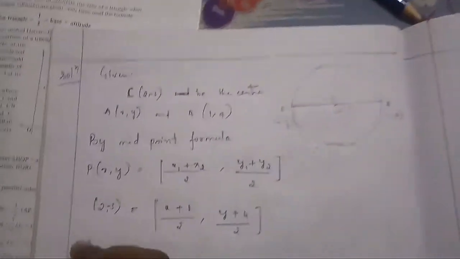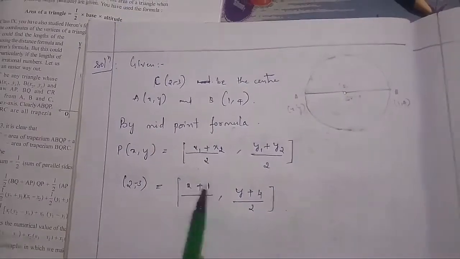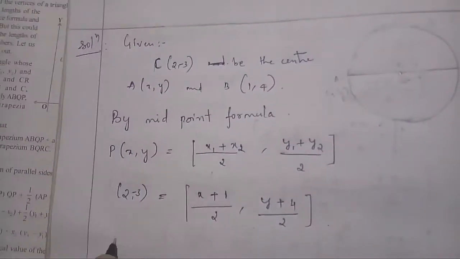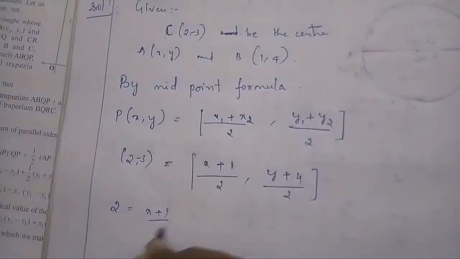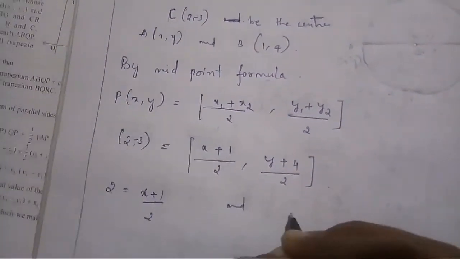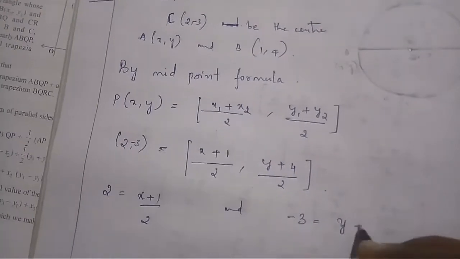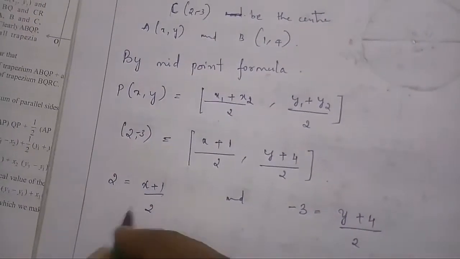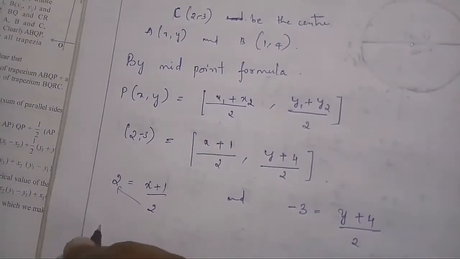That is, equate this x value to x and y value to y. That is, 2 is equal to (x plus 1) divided by 2, and minus 3 is equal to (y plus 4) divided by 2. Here cross multiplication, that is 2 into 2 is equal to x plus 1.